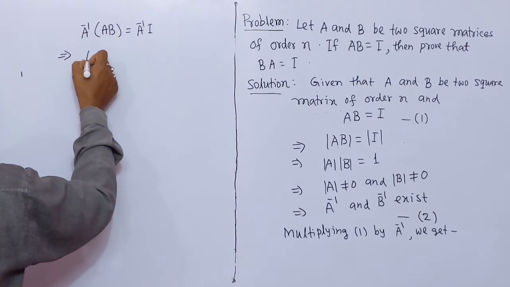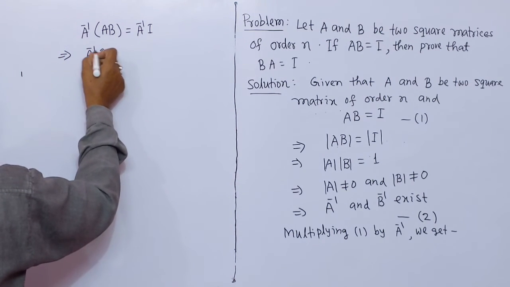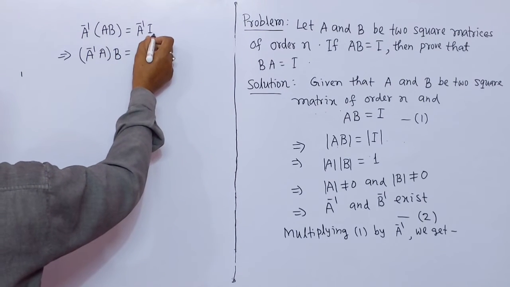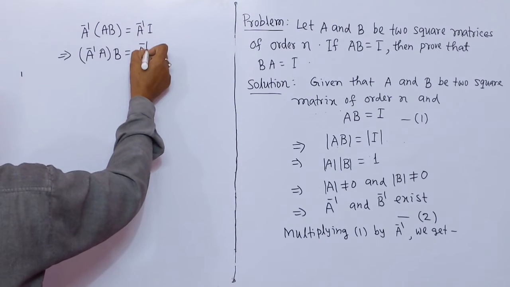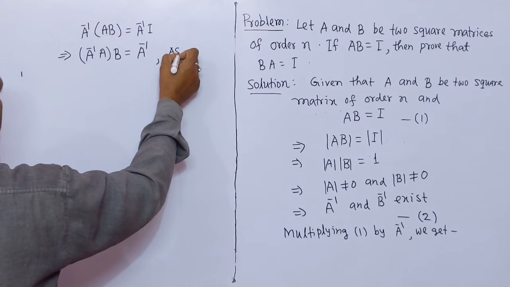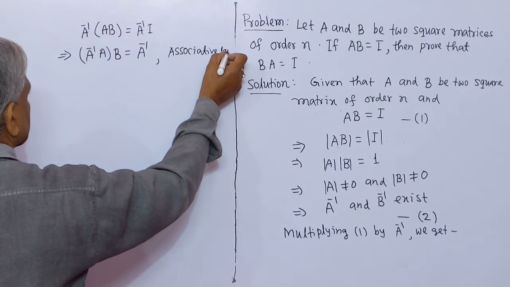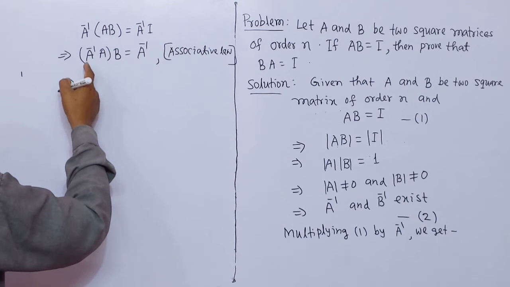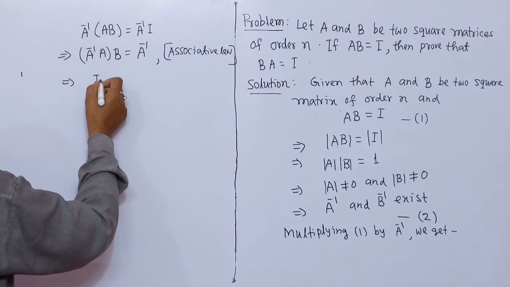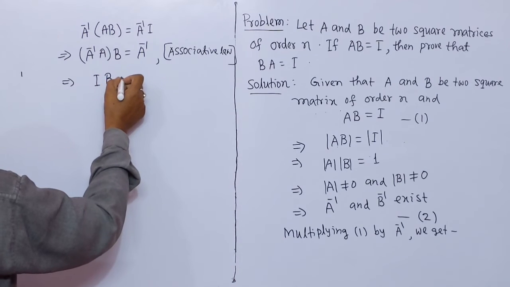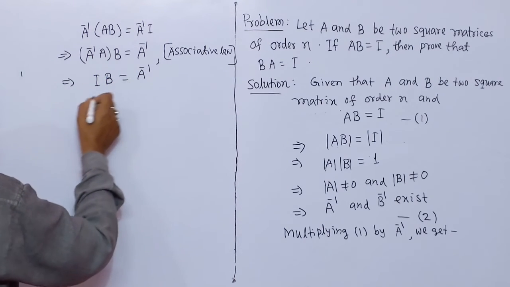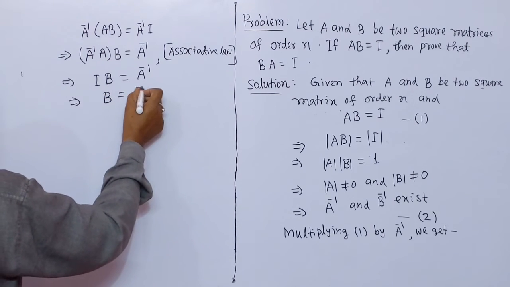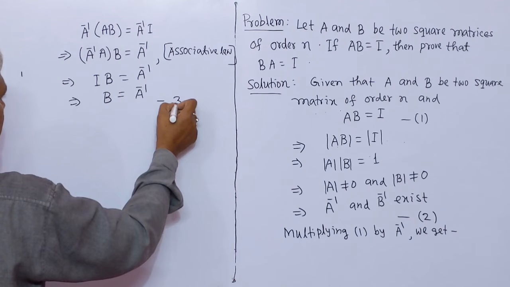By associative law, A inverse A B equal to A inverse. This is A inverse A is unit matrix. Multiply B equal to A inverse implies that B equal to A inverse. This is number 3.